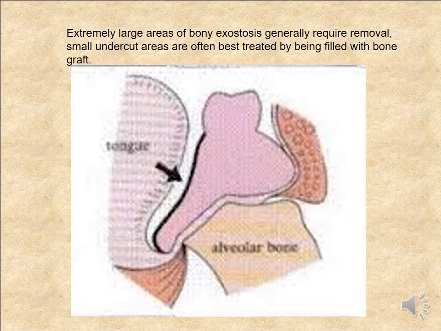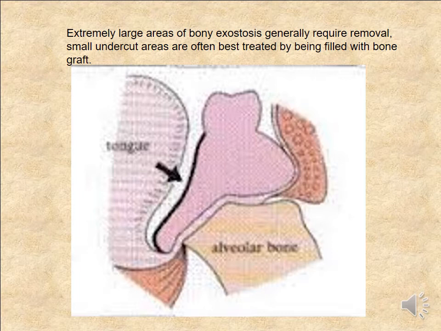Extremely large areas of bony exostosis generally require removal. Small undercut areas are often best treated by filling with a bone graft. If there is a severe undercut and removing it would lead to a very thin alveolar ridge, we use another technique with a bone graft.